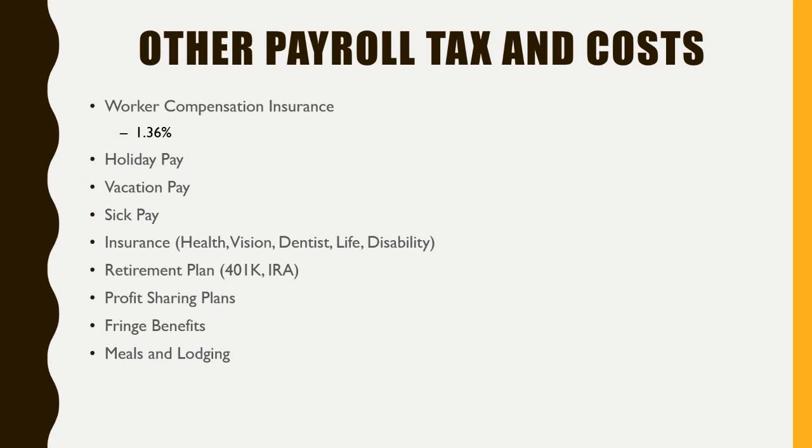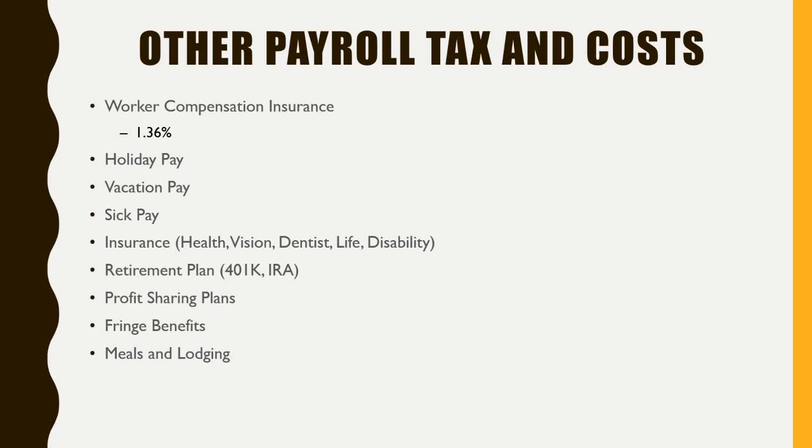But for example, if we just do a small local coffee shop, right, and they just accidentally burn their hand by touching the hot pots, 1.36% of their paycheck should be able to cover them enough. Okay, so all of these other taxes and benefits are once again going to be based on either, number one, dollar per dollar contributions, or a percentage of their gross earnings, gross pay, so before taxes.